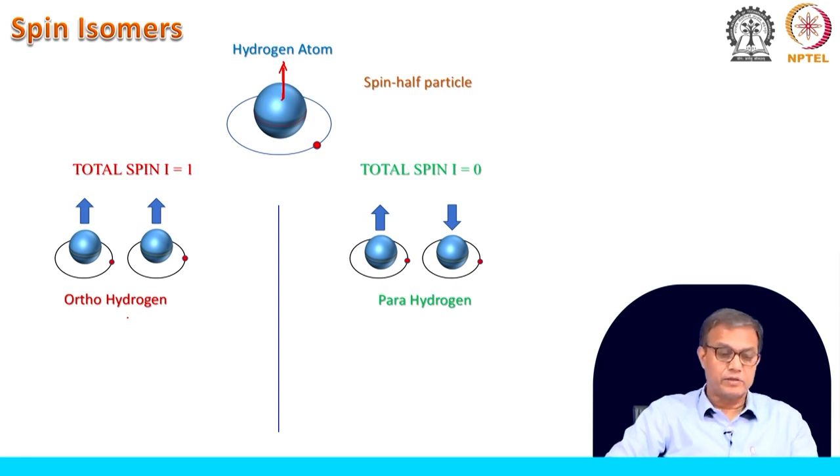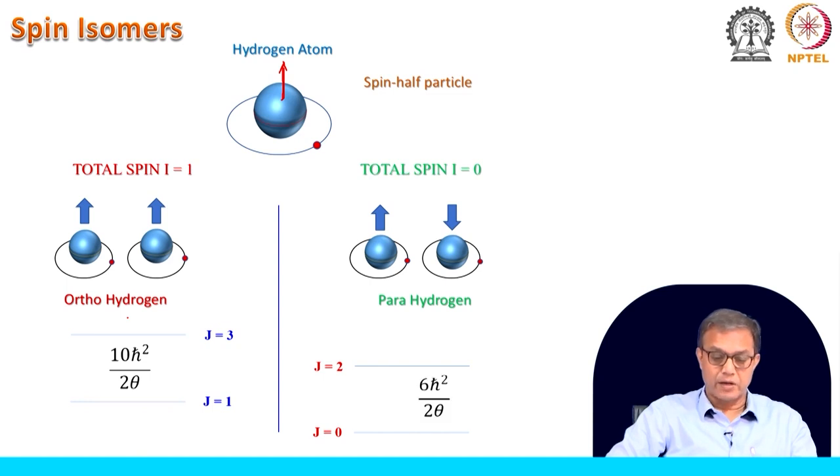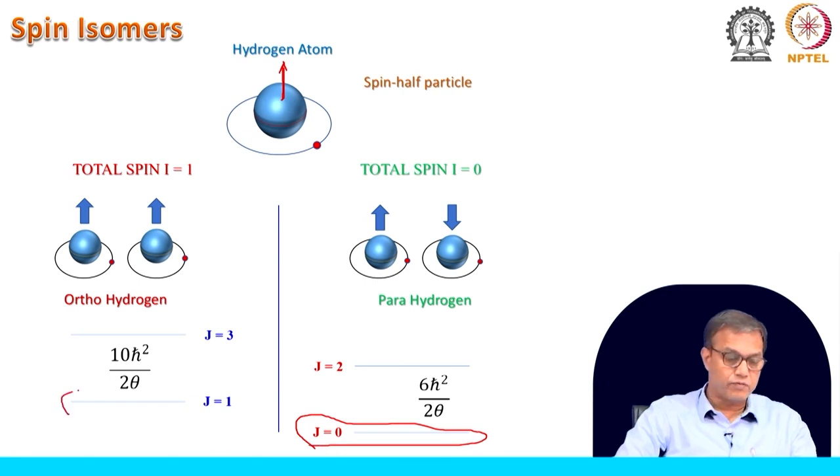Along with this total spin, they also have the rotational quantum number J. I will not get into the details of this, but we just want to mention that the difference between parahydrogen and orthohydrogen lies with the J equals 0 state and J equals 1 state.